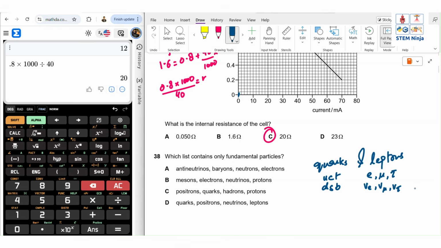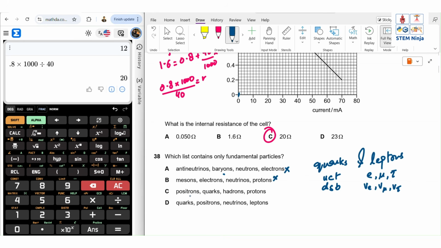Antineutrinos, baryons, neutrons, electrons. Wait, no, baryons are not fundamental particles. Mesons, nope. Mesons are made up of quarks, so no.